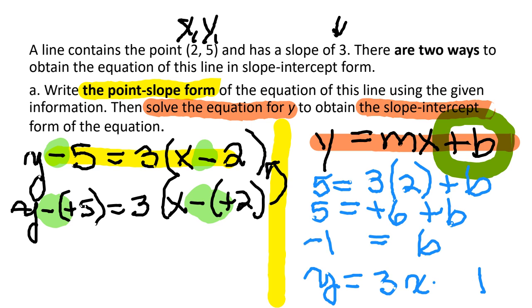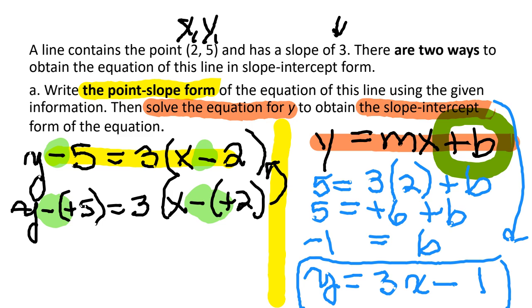This is my equation in slope-intercept form. Now, I'm going to erase this line because that's why I showed you. I was trying to save space here just because I knew I was going to have to do a little more.